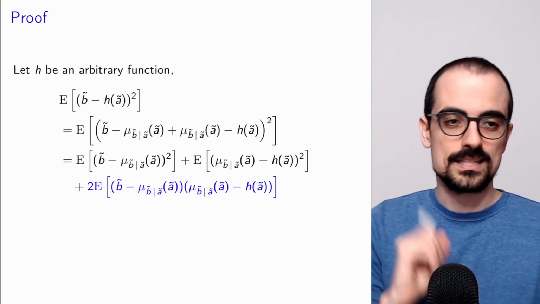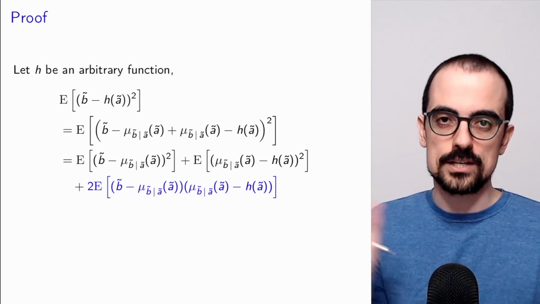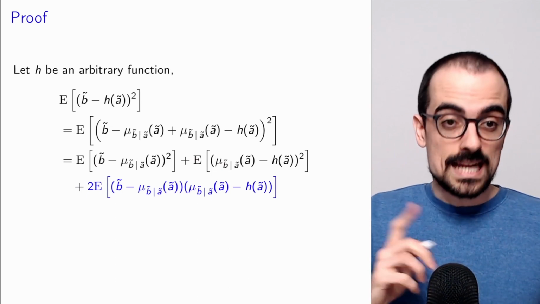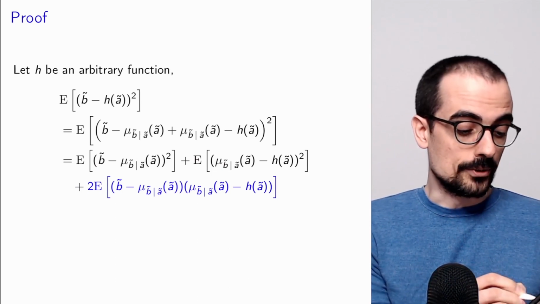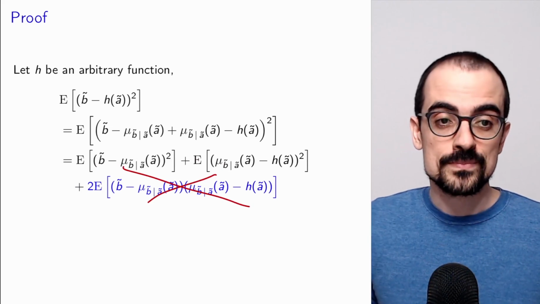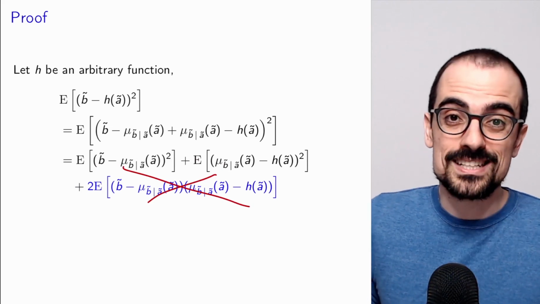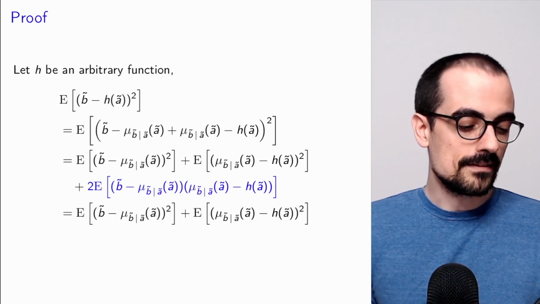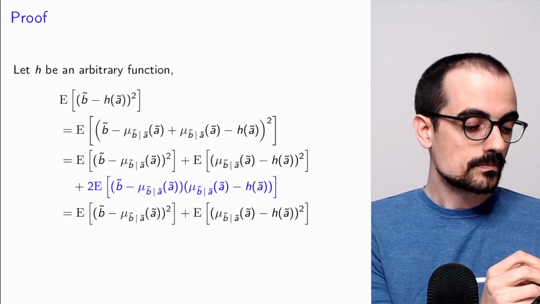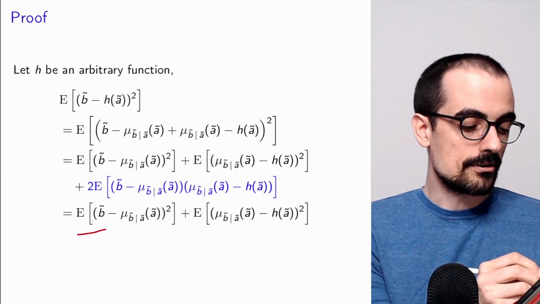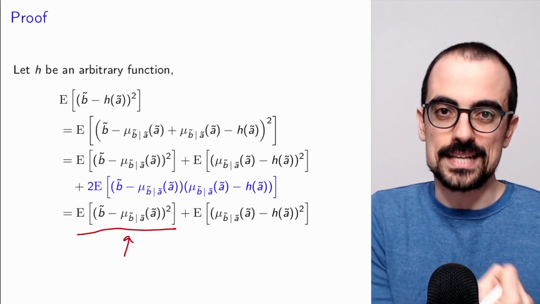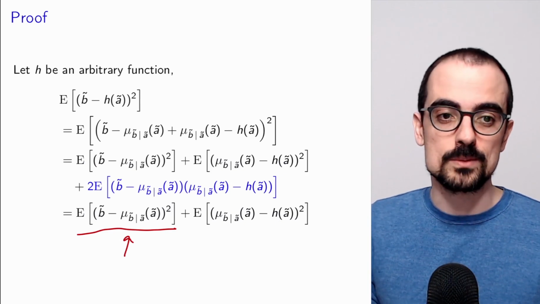And then we apply linearity of expectation, so we have the expected value of each of these terms. In a moment, we're going to show that this cross term is actually 0. If that is the case, then we're actually done. Why? Because of these two terms that are left, one of them is the error of the conditional mean, which is the error that we want to show is the minimum possible.